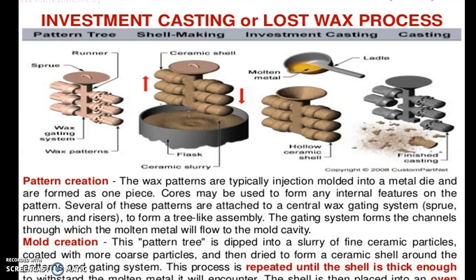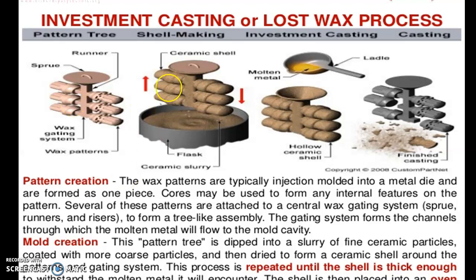This process of making castings is also called the lost wax process and precision casting process. By using this process, castings can be made to very large size and close tolerance, and do not require any subsequent machining.